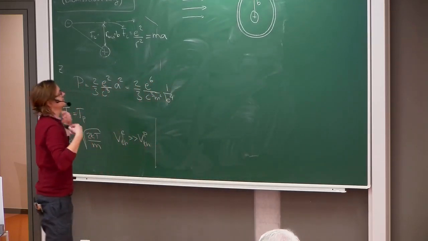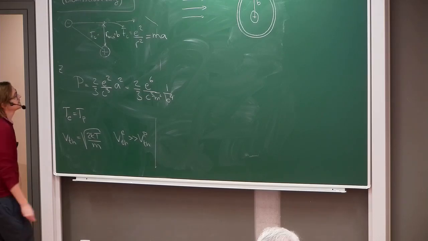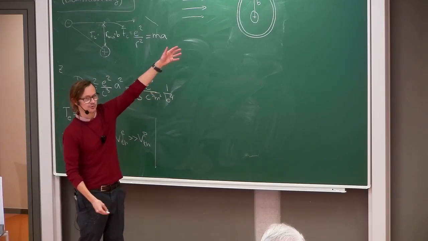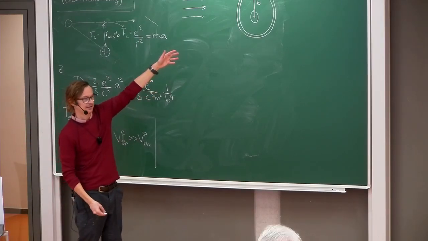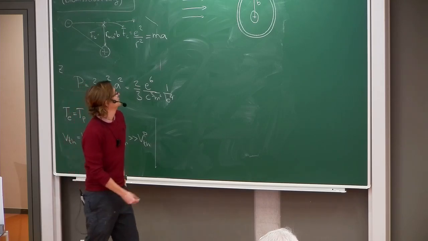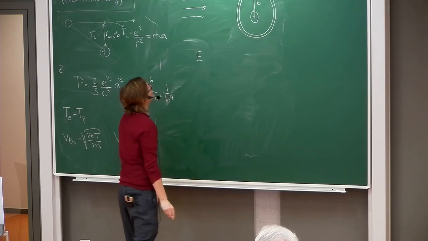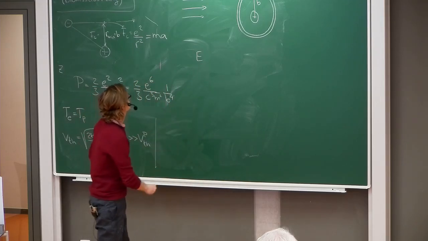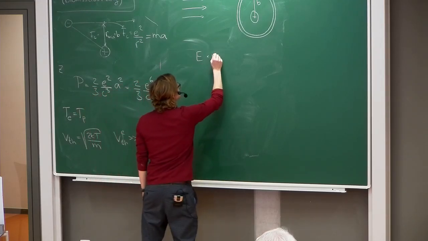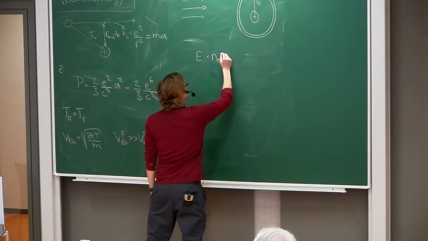Then the emitted energy here, we know how to get to an emission energy. It has to be the energy of one of these times the number density times their velocity.